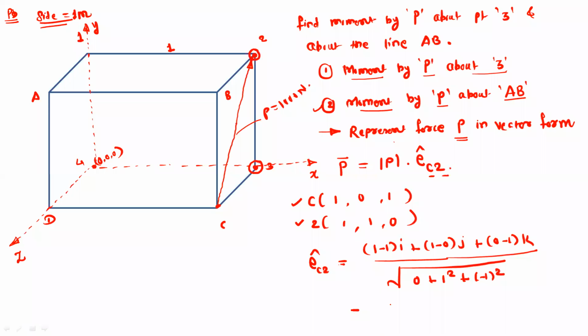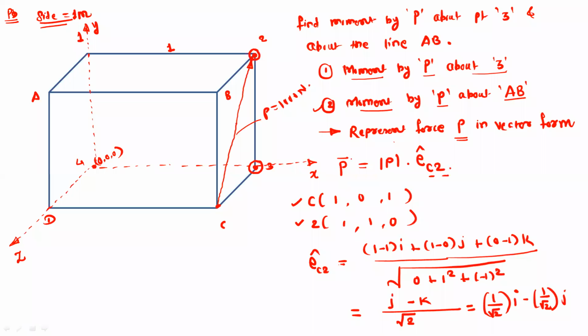So this is equal to j minus k divided by square root 2. So this will be 1 upon root 2 into j minus 1 upon root 2 into k. So this is the unit vector in the direction of the force P.